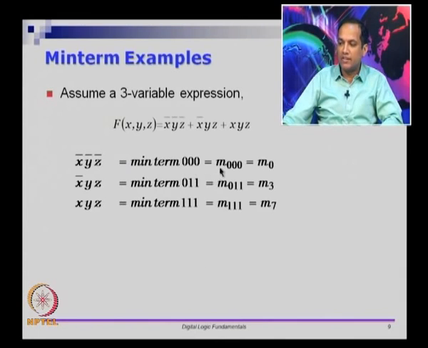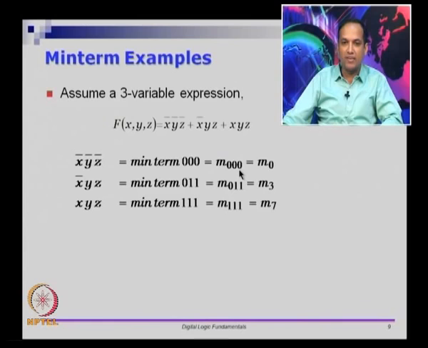So, the way we will use this is, we will call this term M000 term, we will call this term M011 term, and we will call this term M111 term. So, wherever it is complement you put a 0, wherever it is not complement you put a 1. So, this is 000 term, this is 011 term and this is 111 term. That is what we have here.